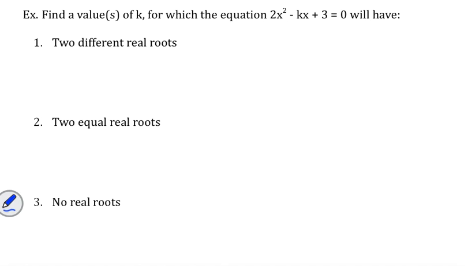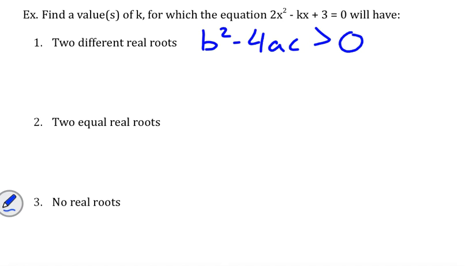Looking at a question like this, what values of k will make two different roots? So what we need to do is just put in that if I want two different real roots, my whole answer needs to be greater than 0. Okay, because that's when we get two real roots.